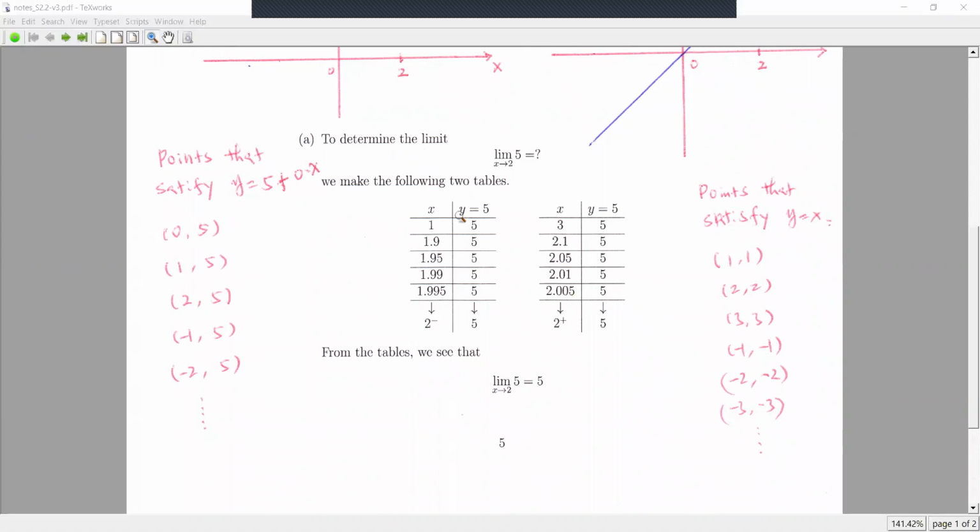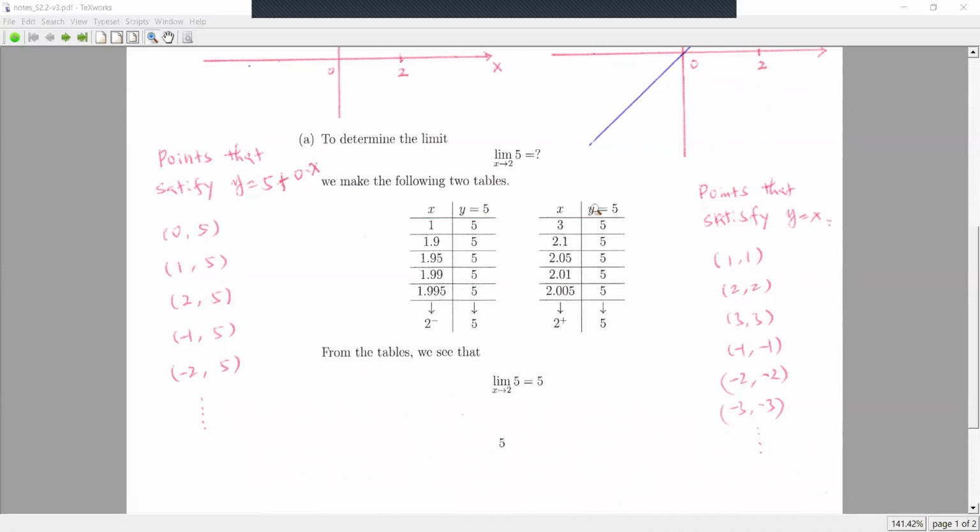In the first table, I let x approach 2 from the left-hand side. The function at these points are always 5. Therefore, when x approaches 2 from the left, the function, or dependent variable, approaches 5. When x approaches 2 from the right side, the dependent variable value is always 5.